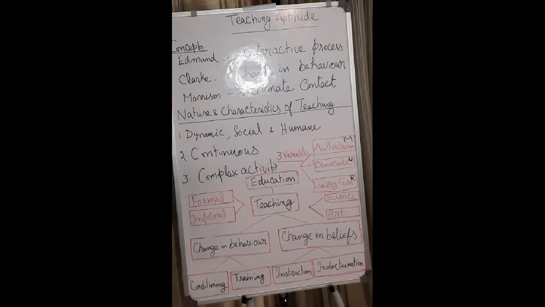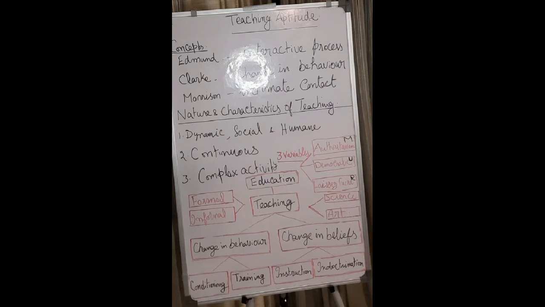So going from conditioning to the last one, you see in conditioning there is repetition of the stimuli and strict discipline, and in training also strict discipline is involved, and instruction also strict discipline, and indoctrination strict discipline.